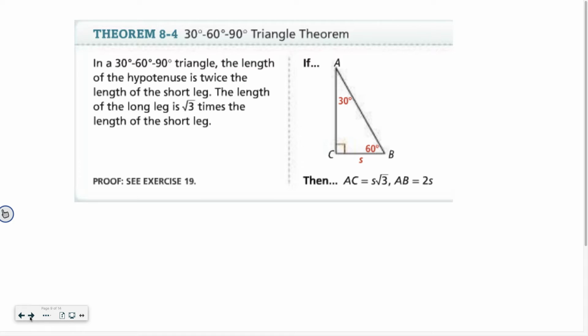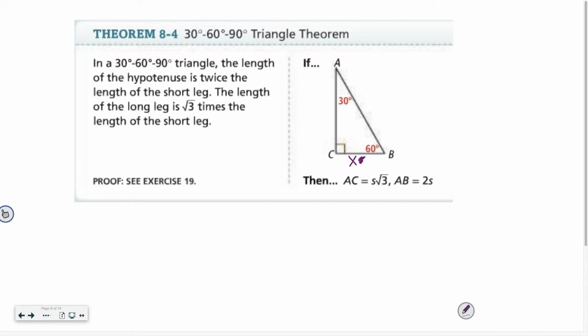And the formulas to remember for this are, instead of using S, I'm going to call this X. So the short side of the triangle on a 30, 60, 90 is called X. And if you're ever unsure which one is the short side, it's the one opposite of our 30-degree angle. Or if that's tough for you, it's the side touching the 60-degree angle.